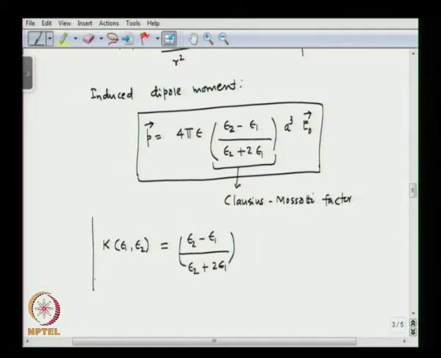Now, what we see here is that the direction of the induced dipole moment, with respect to the direction of the electric field, is dependent on the Clausius-Mossotti factor. So, if the sphere is more dielectric than the liquid, so epsilon 2 is greater than epsilon 1, then the dipole moment and the electric field are going to be parallel.